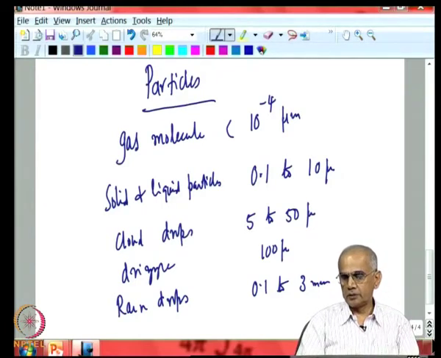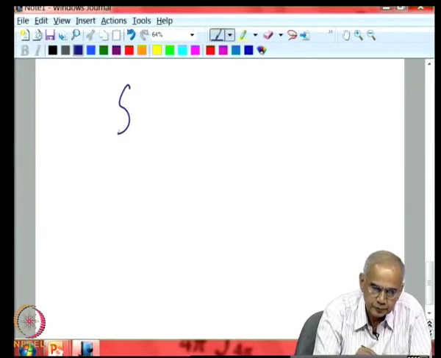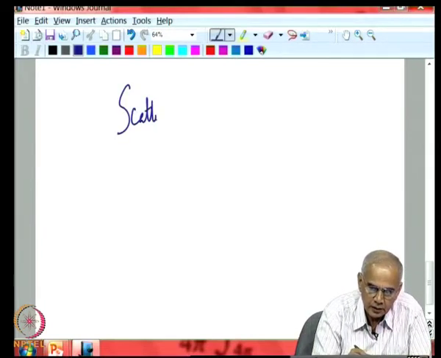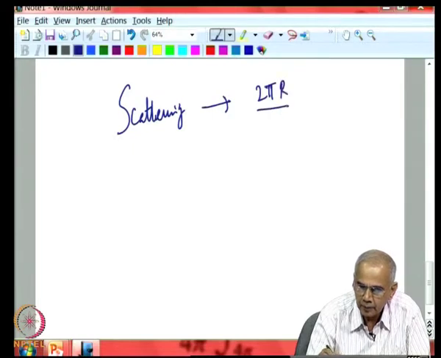Now, this is worth remembering because finally scattering is governed by a size parameter, which is usually defined as 2 pi r by lambda.